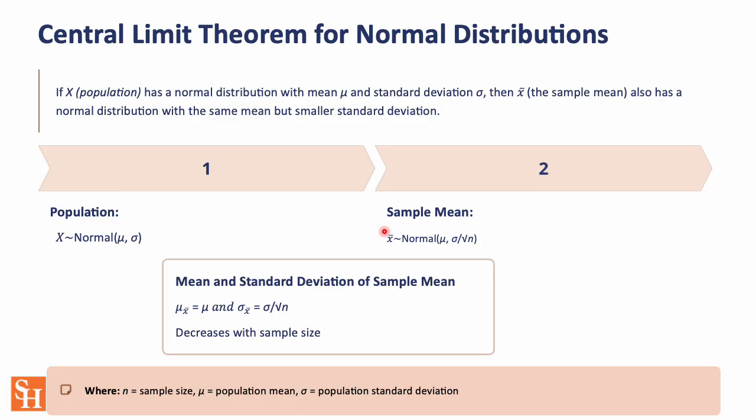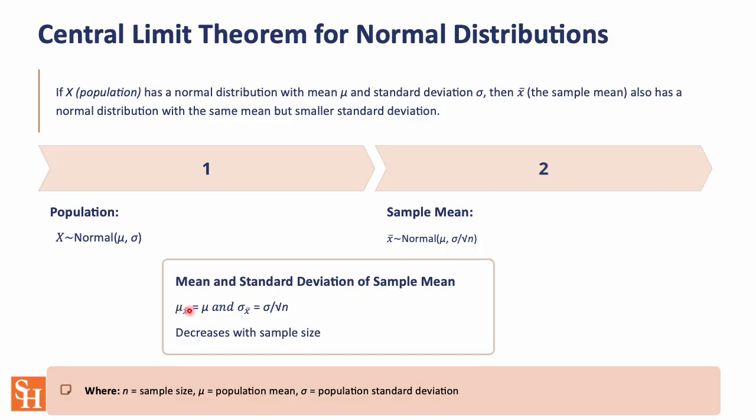Then x bar, that means the sample mean, also follows a normal distribution with the same mean, mu, and with a standard deviation sigma over square root of n. Earlier, for the original distribution, we had the standard deviation sigma, but now we have the standard deviation sigma over square root of n, where n is the sample size.